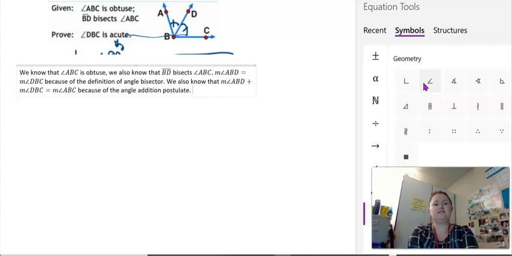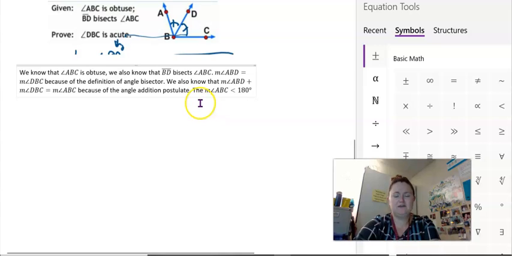The other thing is that since we're explaining it, you could also be a little bit less step by step. So we would also say, okay, if ABC is obtuse, then ABC being obtuse will tell us that the measure of angle ABC has to be less than 180, but it also has to be more than 90, remember.